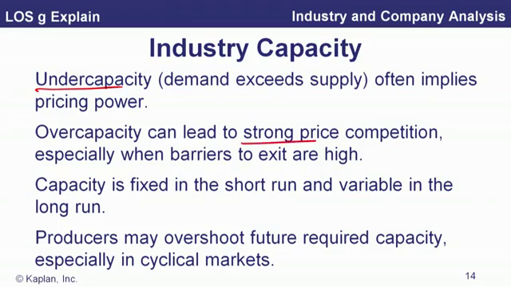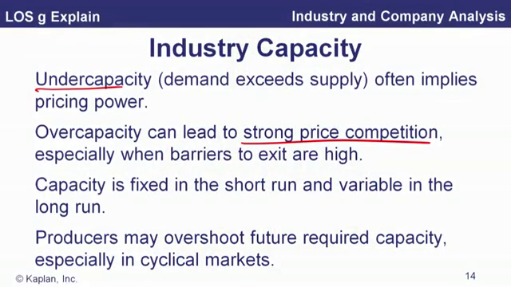Overcapacity can lead to really intense price competition, especially if no one can exit the industry. You see this in the microchip industry from time to time. Where they have excess supply, you've got all these specialized assets you can't do anything else with, and it leads to really high levels of price competition.